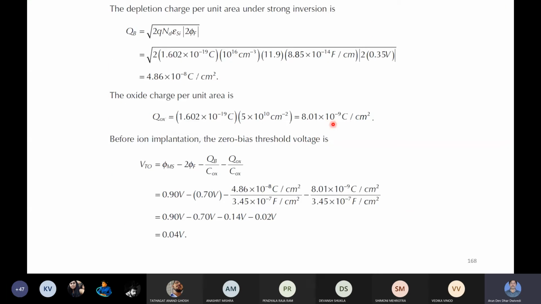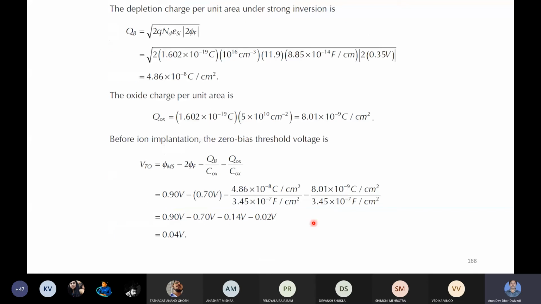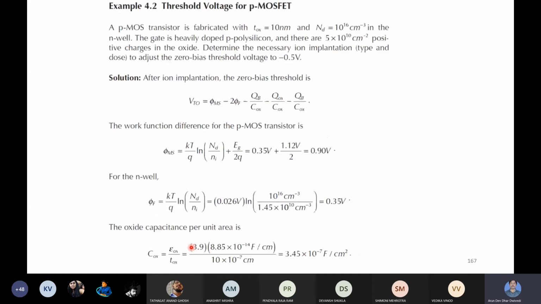They have taken this much value. Then QB, QOX, and then VT0 we can find out, this much coming.